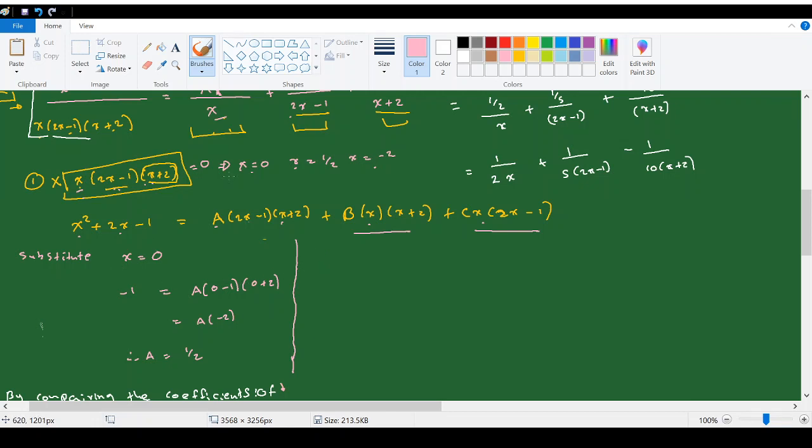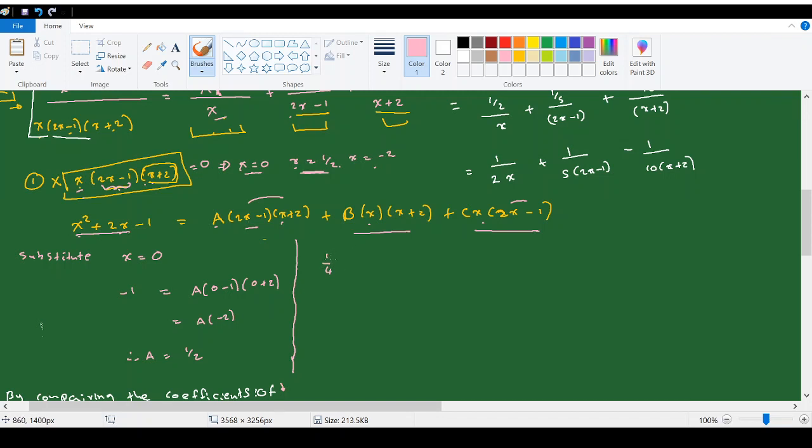Okay, so we have substituted x equals 0, and then we can substitute the other root. So when you substitute x equals half, this term will be equal to 0, that means this vanishes, and this term will be equal to 0, that means this vanishes. So you will have only b, and you have to compute the right hand side accordingly.